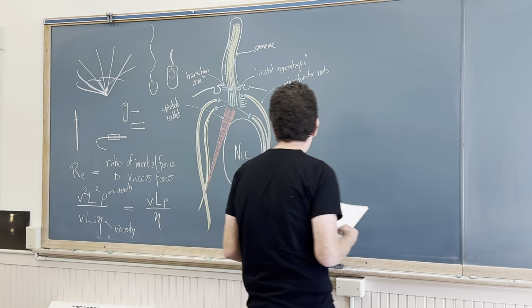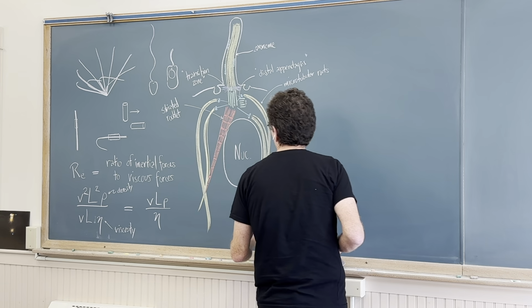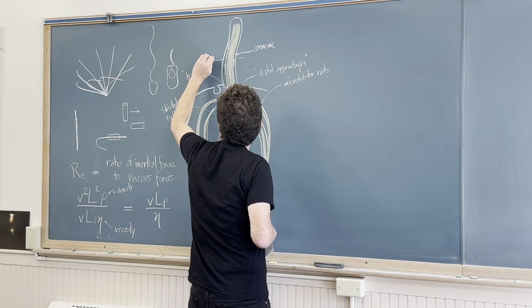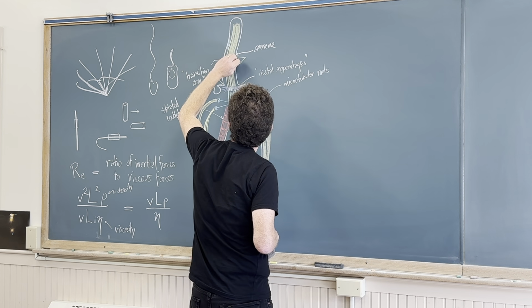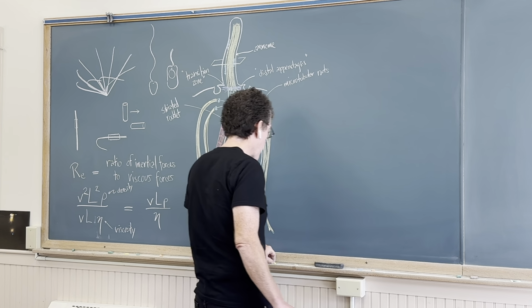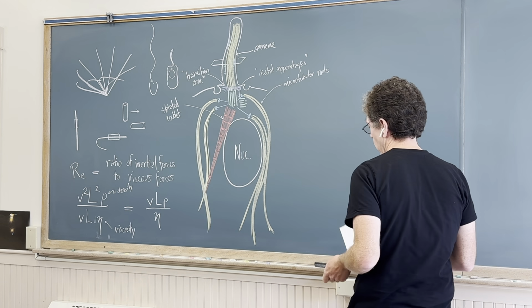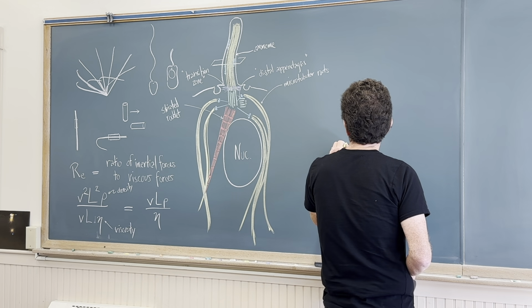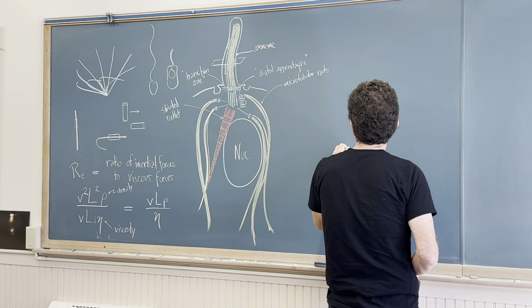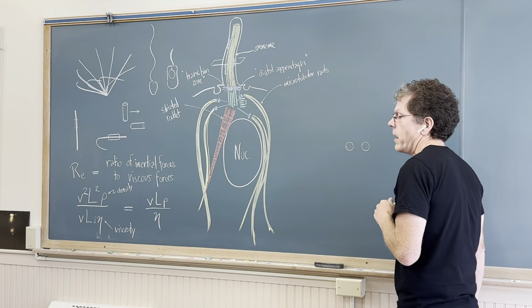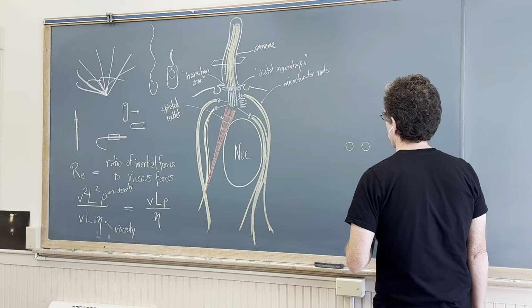All right, let's take a look at now a cross-section of the axoneme. In all motile cilia that I know of, except one, there's a central pair of microtubules.